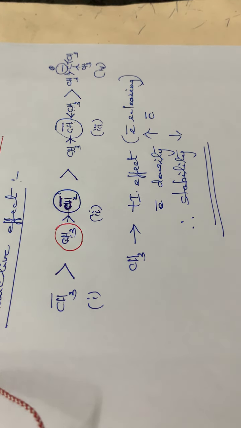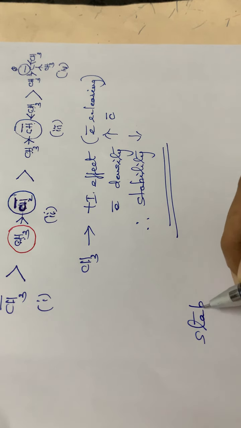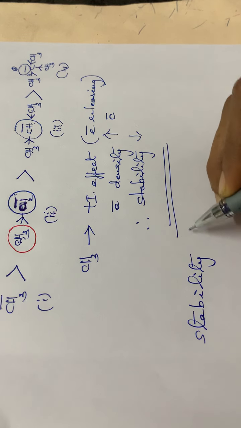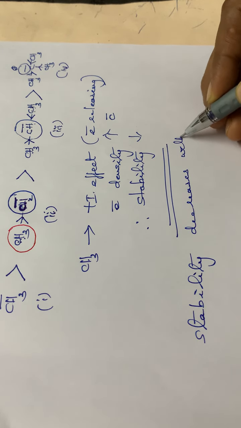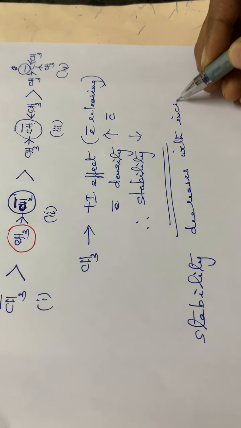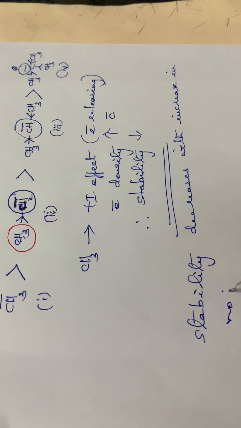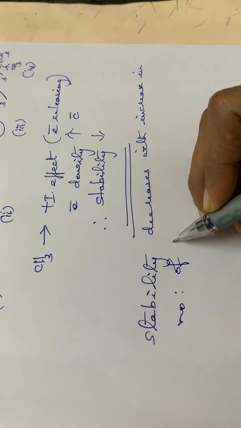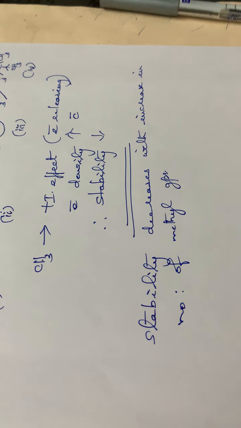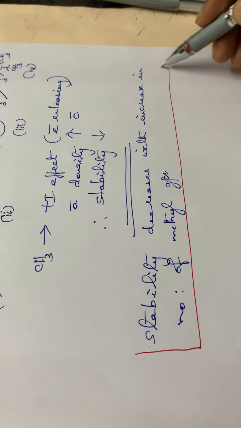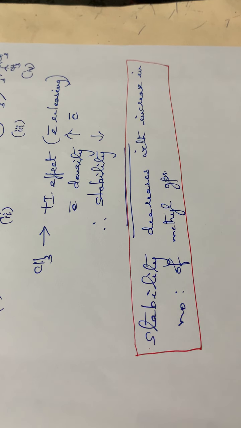So we can write it like this: the stability decreases with increase in the number of methyl groups.